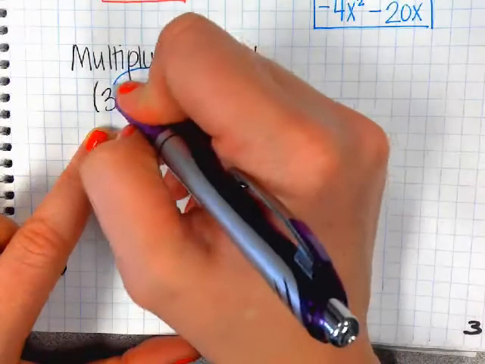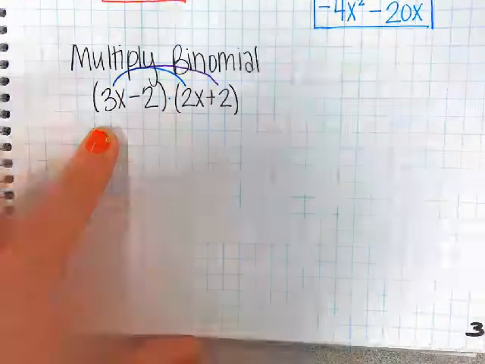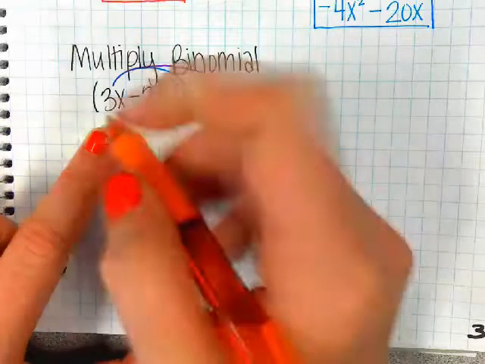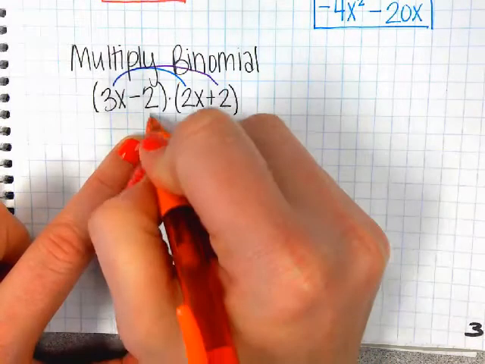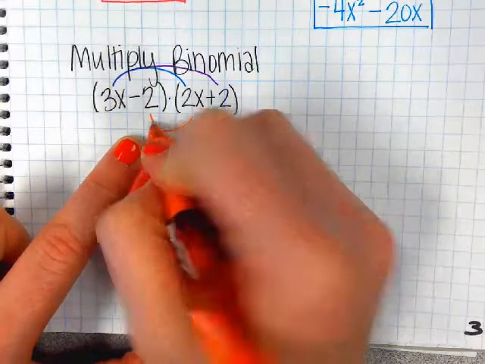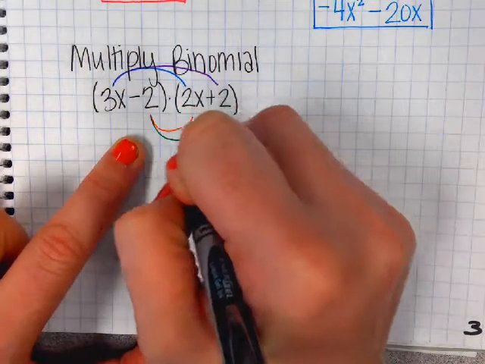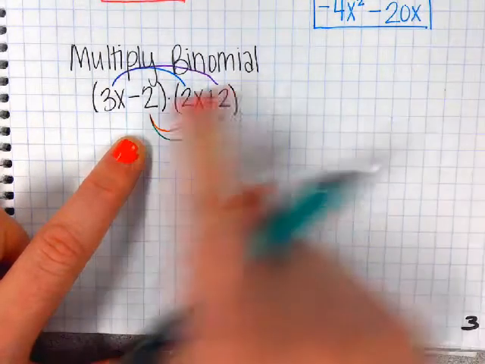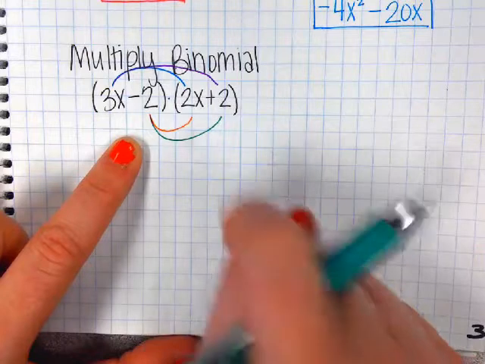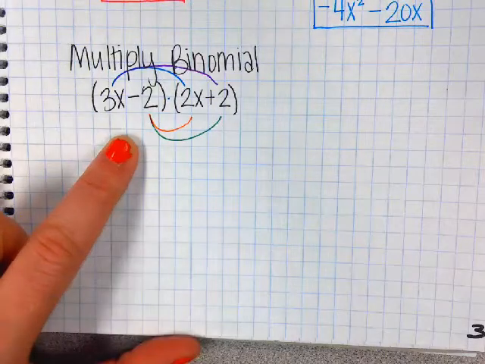You're going to have to distribute the 3x times the 2. You're going to have to distribute this one into both parts. So since there are two terms, you have to distribute both of those terms into everything in this second parentheses.